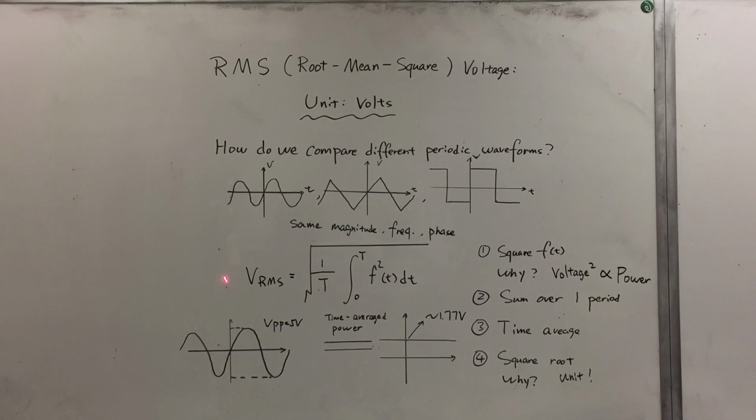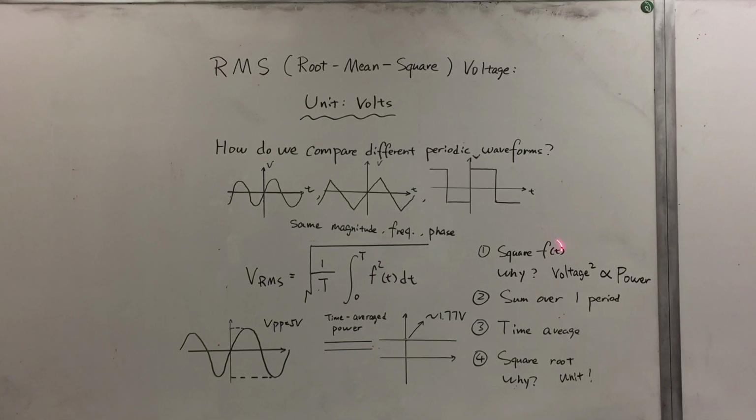So this is exactly the backbone of RMS voltage calculation. Let's take a deeper look into this. The first thing you do in the calculation of RMS voltage is that you square your signal, which is typically a voltage signal.